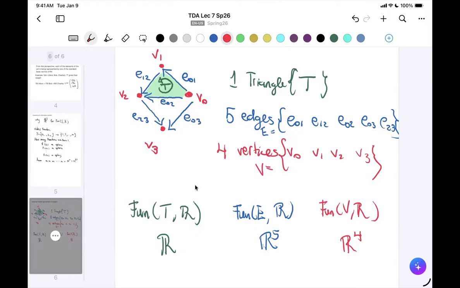So I'm going to give you two matrices. One goes from the space of triangle functions into R5, and the other one goes from this R5 into R4. So this is going to be the matrix that I called B before.